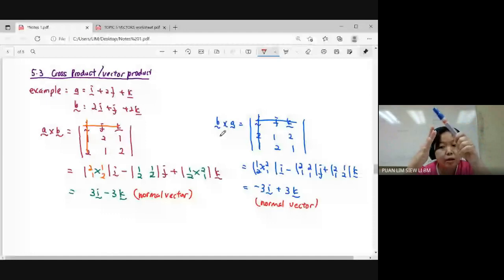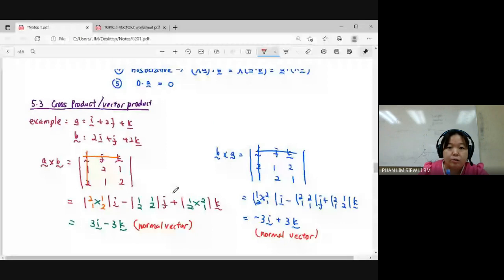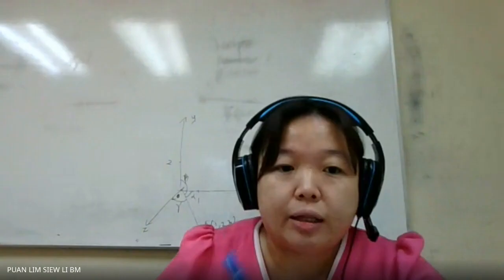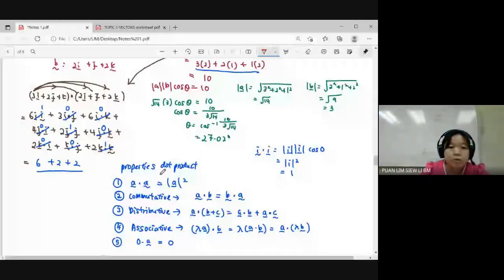So contohnya ini yang kita dapat hasil normal vector. Contoh tadi kita buat dot product pun kita ada hasil. Perpendicular. So contohnya satu keadaan yang di mana kita tak dapat, itu bila dia parallel.